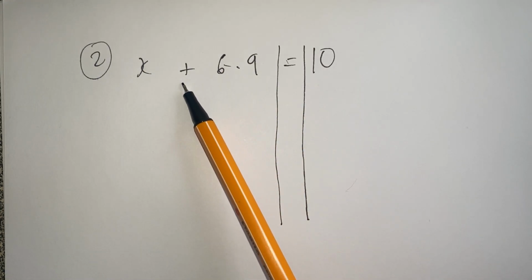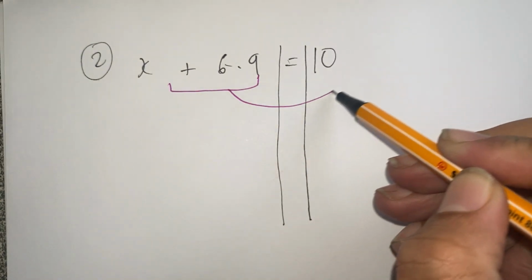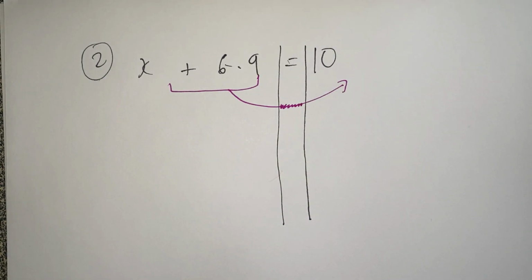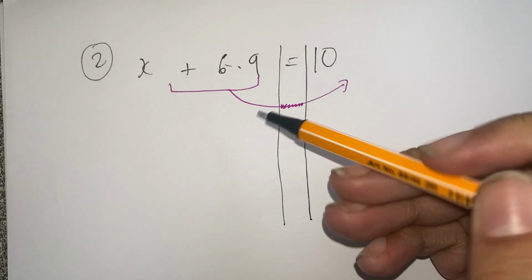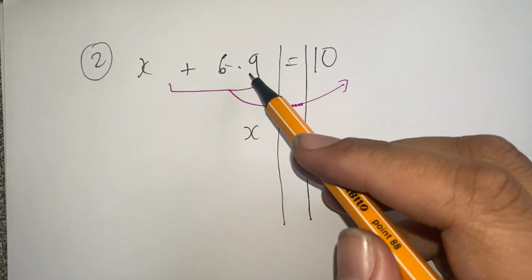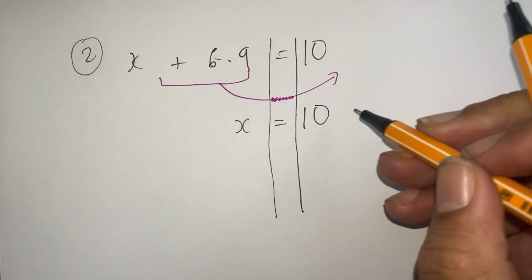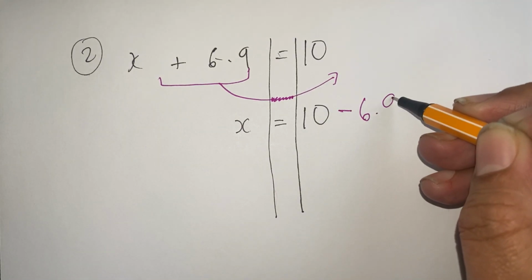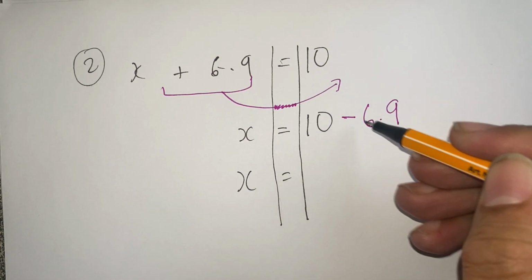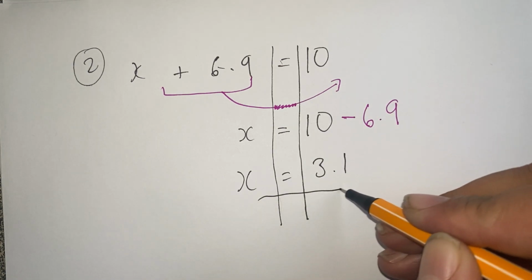I need to get rid of this plus 6.9, and to get rid of that, I need to throw it across. The equal sign makes this the opposite. So I'm left with x equals the 10 that's still there, and the positive 6.9 thrown across becomes negative 6.9. Now if you work this out, 10 minus 6.9, you should get 3.1. And that is my answer.